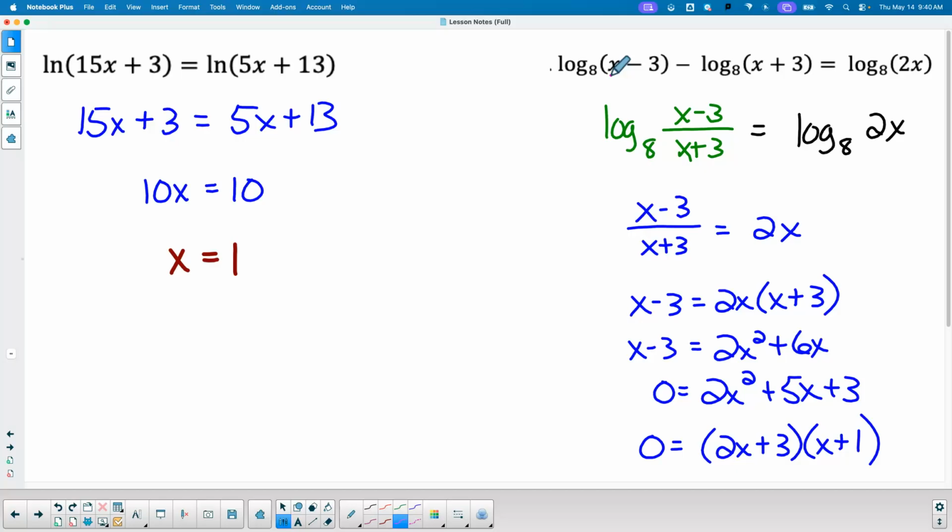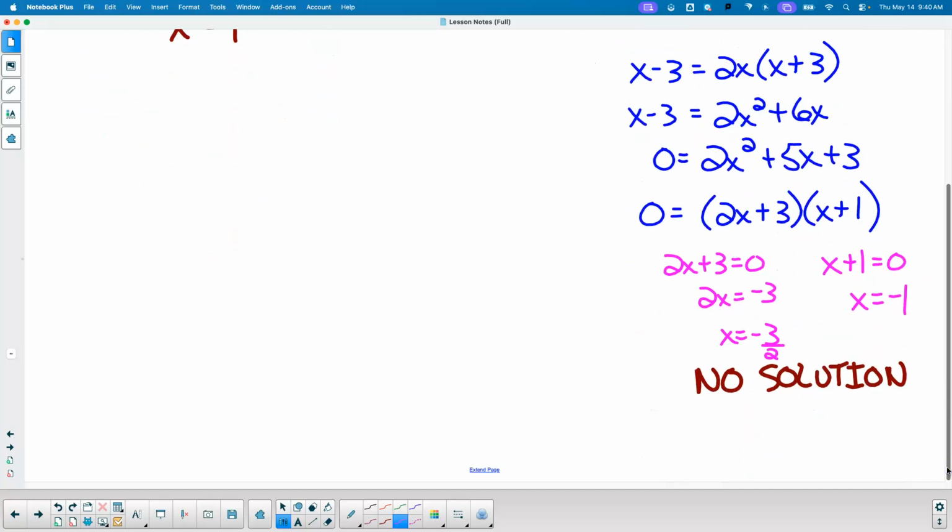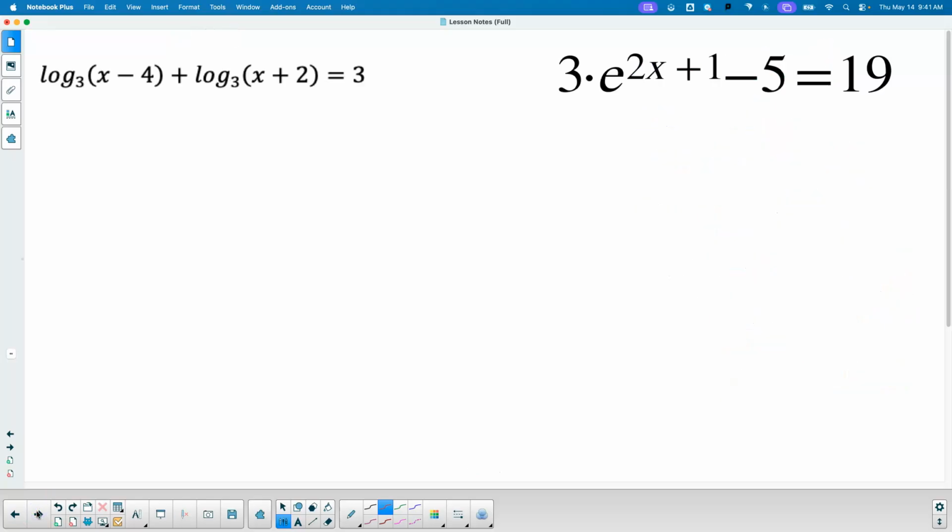If I plug negative 1 in that same spot, log base 8 of negative 4 can't happen. Get an error message. So both of them get kicked out, leaves me with no solution. Okay? Yep. Try that one.